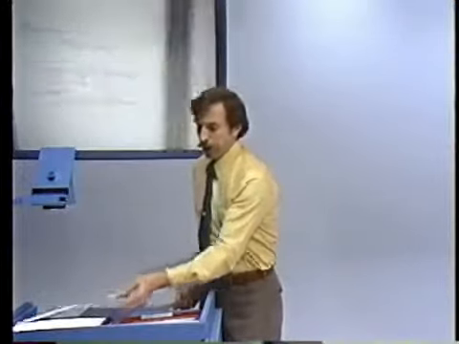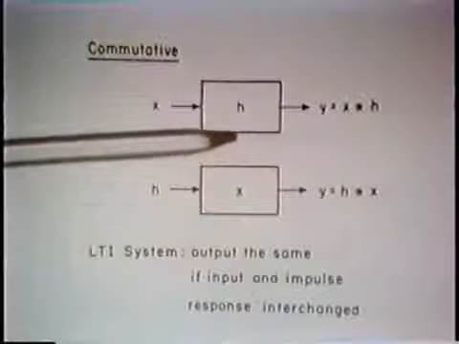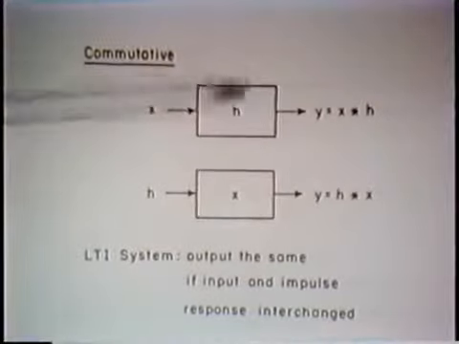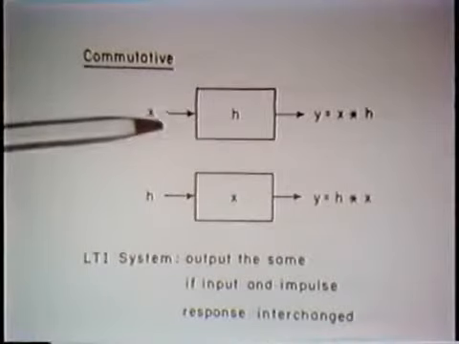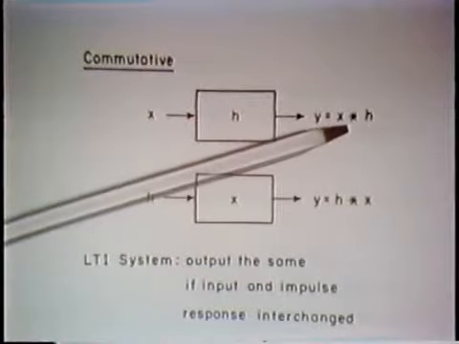Let's begin with the commutative property and consider in particular a system with an impulse response h, and I represent that by simply writing the h inside the box, an input x, and an output then which is x convolved with h.